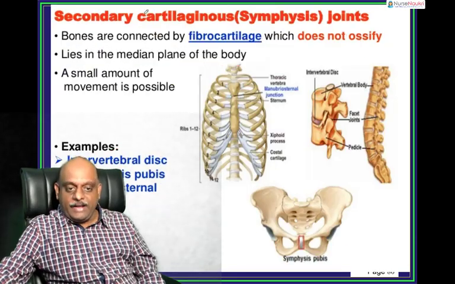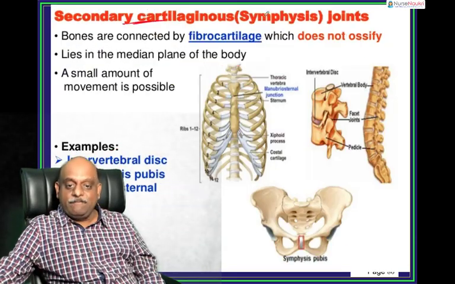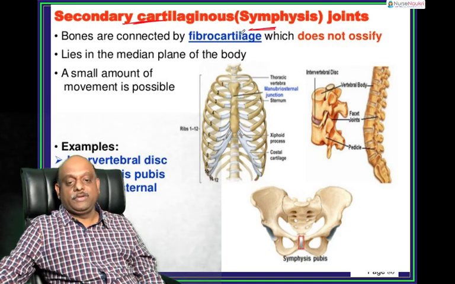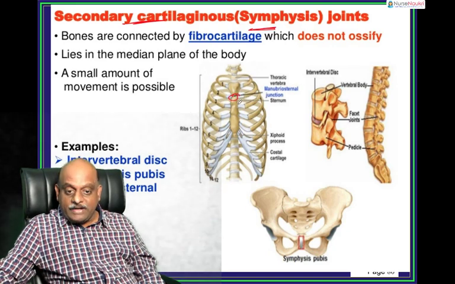Then secondary cartilaginous symphysis, all of you know, there are intervertebral discs.